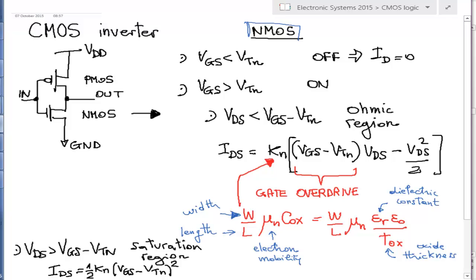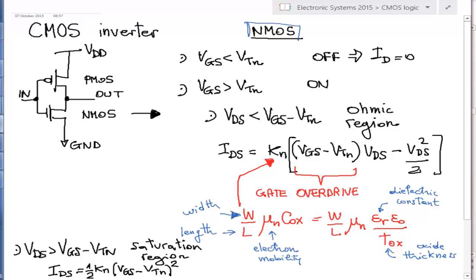So at the first order, there's no dependence on VDS. In practice, as you know, there is some dependence, but for the moment we're not explicitly considering it. All the quantities have already been defined. They are not so important for us at the moment.